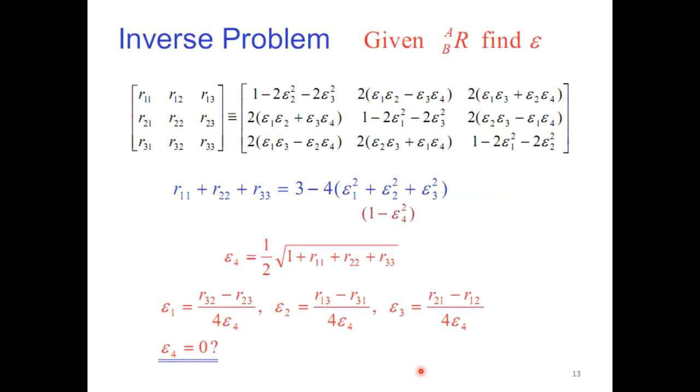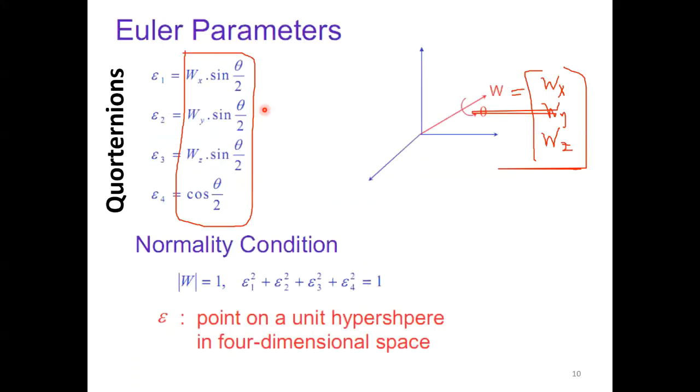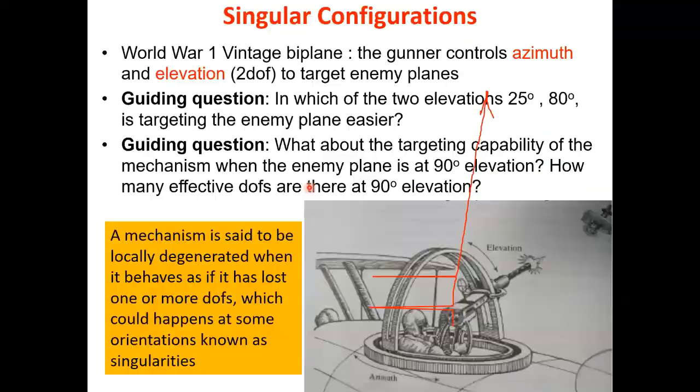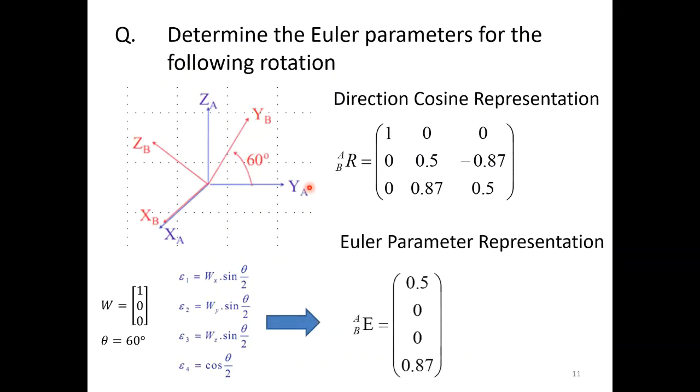Now, let's say if you know the ABR, the rotation matrix, and you want to find out the epsilons, right? So once you substitute for the rotation matrix, which is here, 3 by 3 matrix, right? Using Euler parameters, you get this one.